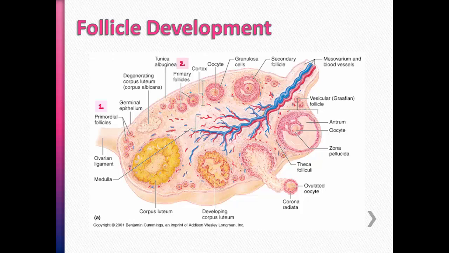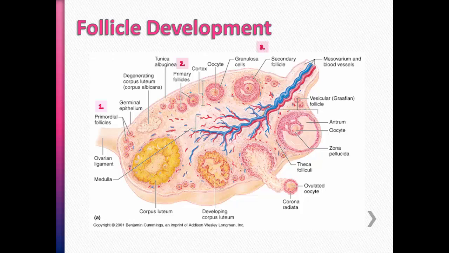Then you get the primary follicle. The primary follicle has a primary oocyte in it. The cells are more cuboidal in shape, usually only 1 cell layer thick, and FSH receptors begin to show up on the oocyte, so that's going to end up influencing the effect FSH has on the developing follicle and oocyte.